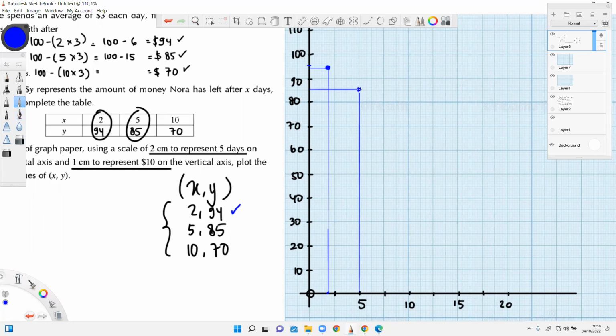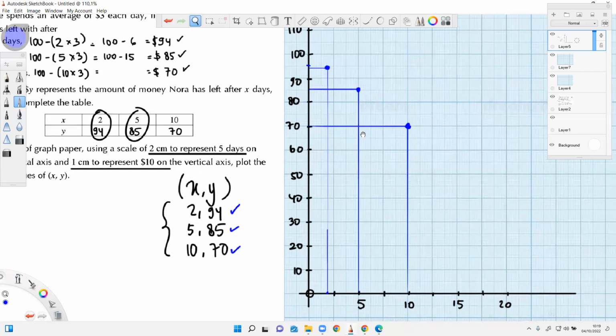So straight line. Make a dot. And (10, 70). 10 here. Wait, it's too thick. Right, this is 10. And 70 is located here. Okay. And then we get the points here. Any questions so far?